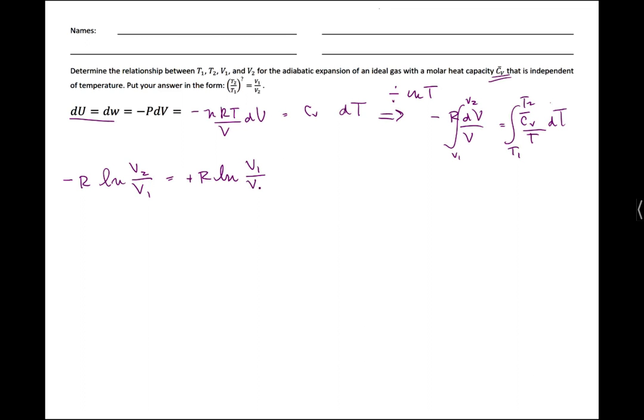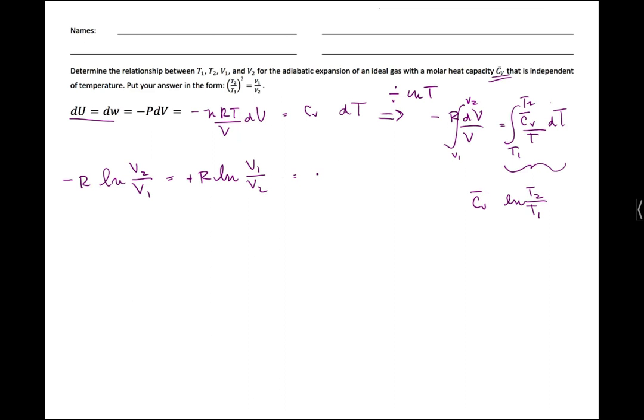V1 over V2. All right, so that's my left side integral. And that in turn, my right side integral is going to be the integral of 1 over T, which is the ln of T2 over T1, right? And then I have my molar heat capacity out front, okay?